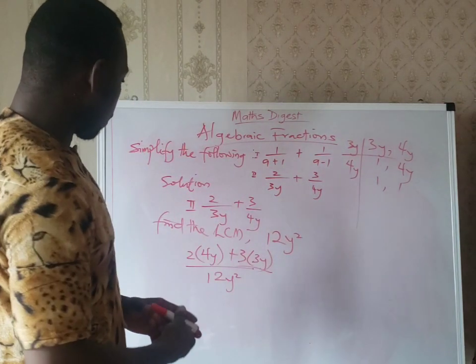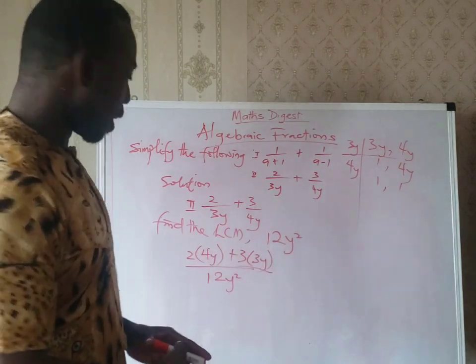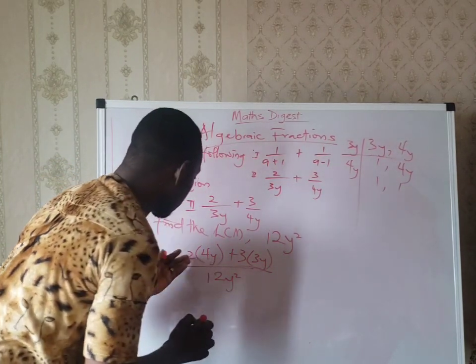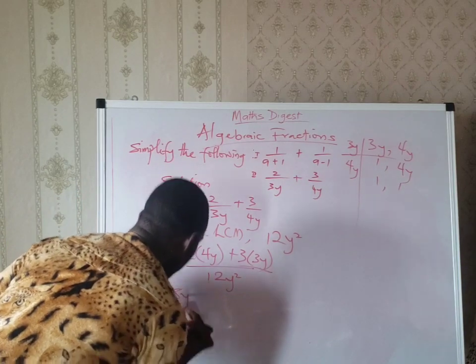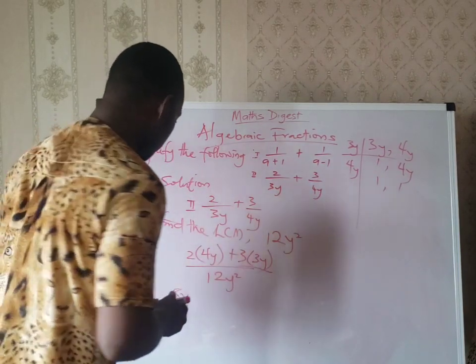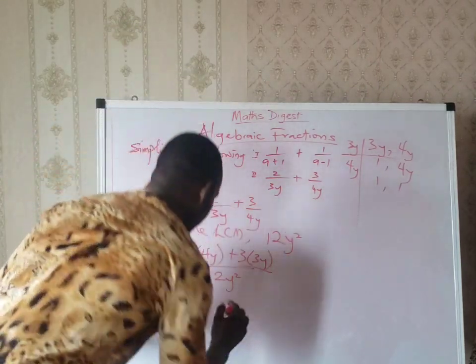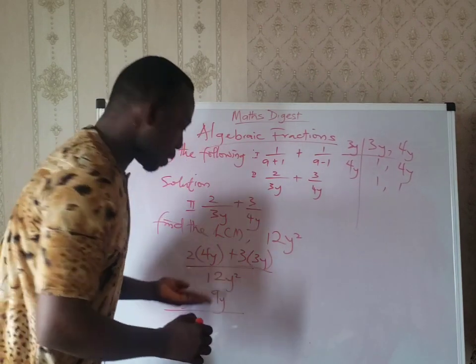Now looking at this, we go down and multiply out what we have in the brackets. So this times this will give us 8y. Plus this times this will give us 9y. So we still bring down our denominator, the LCM.